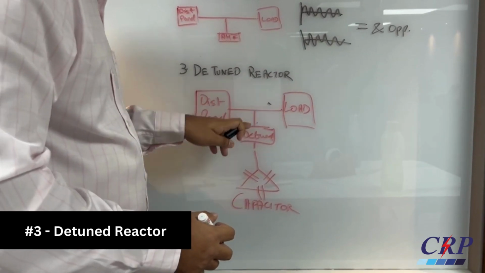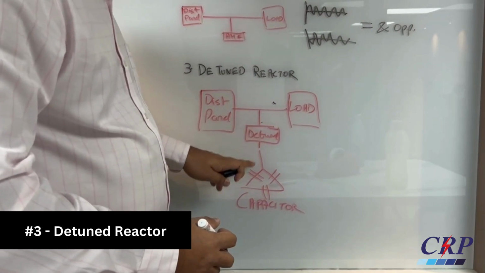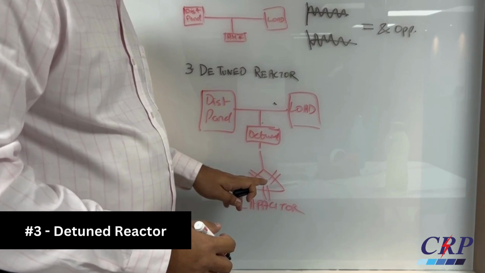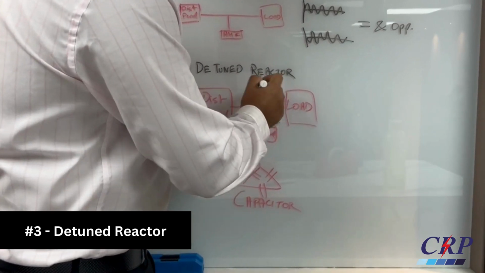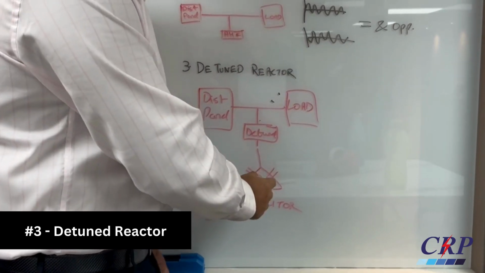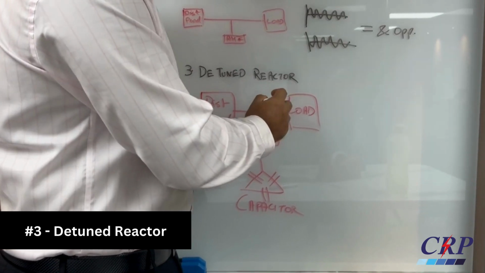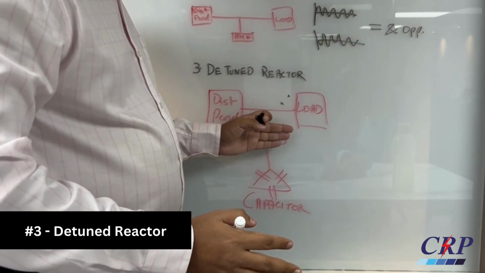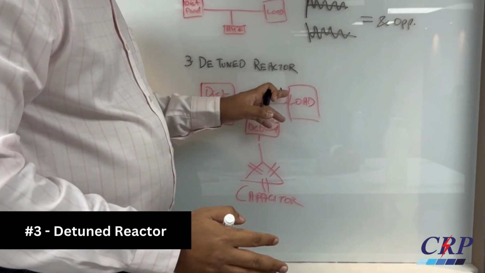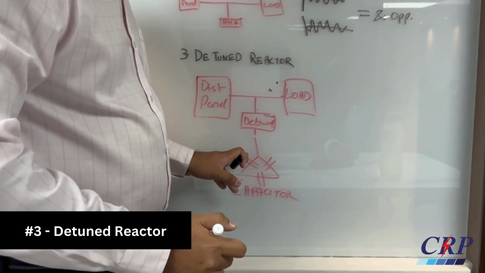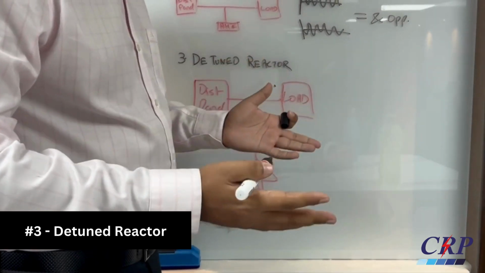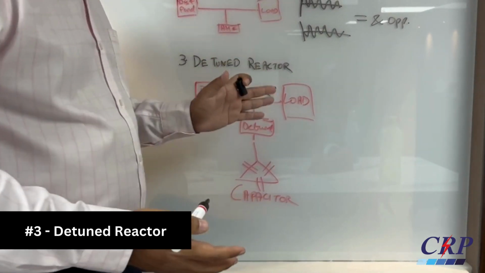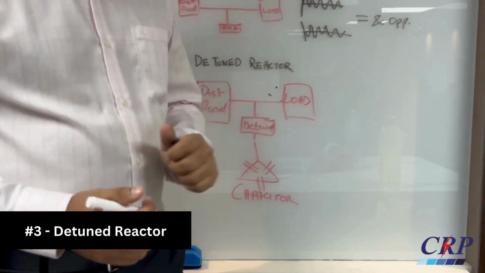It will block the high frequencies and not let them enter the capacitors. So if this is 6% and it is not letting it enter into the capacitor, this will remain 6% and it will not amplify the harmonics. And if this detuned reactor is not present, the 6% will enter the capacitor and create an amplification. So this is where we require a detuned reactor.